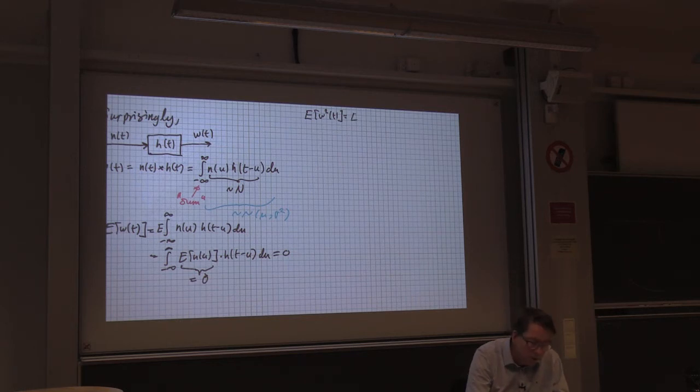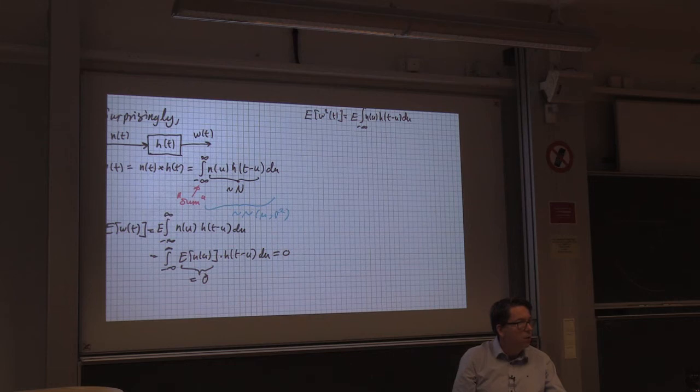It's the expected value of w squared, and w is the convolution between the input, the noise, and the impulse response. So it's an integral, and the square is just a multiplication of two integrals. We have the expected value of an integral of n of u h of t minus u du.